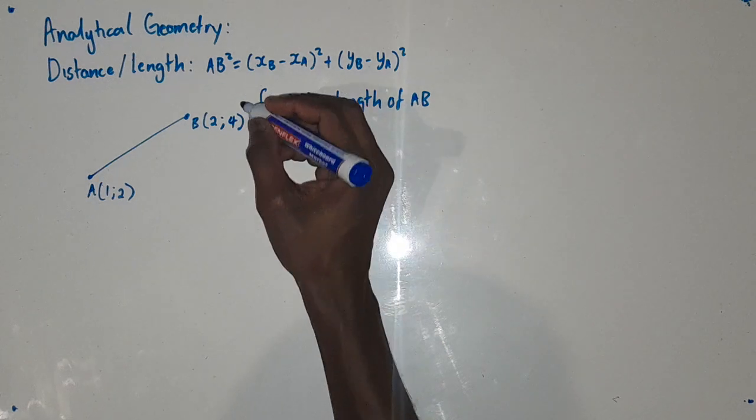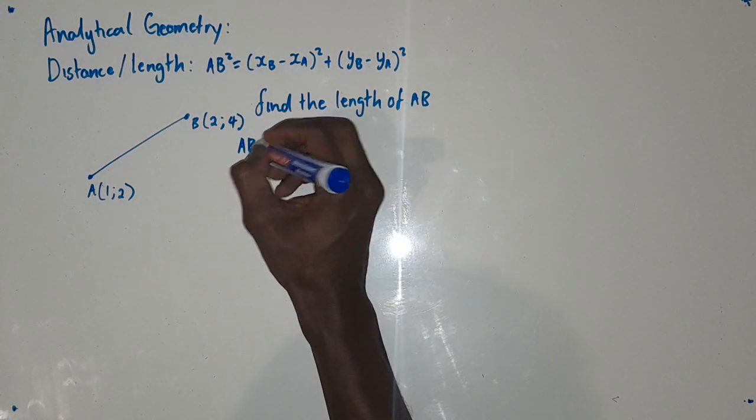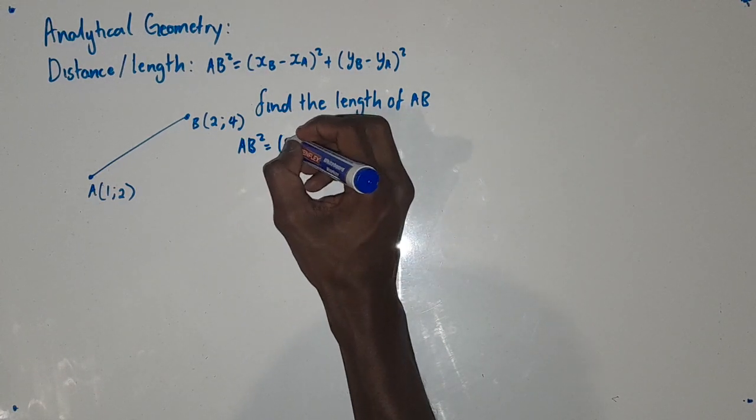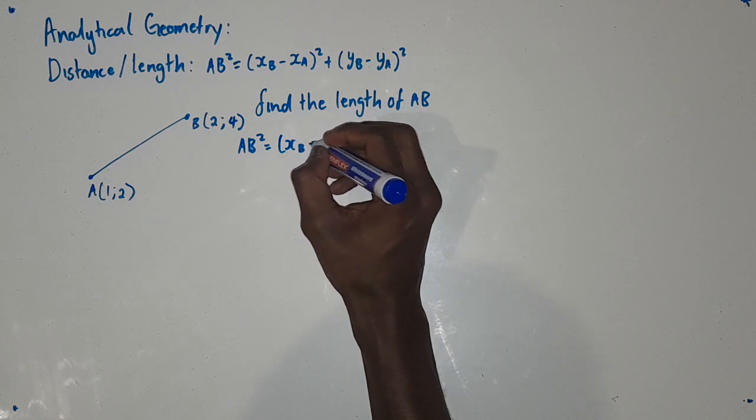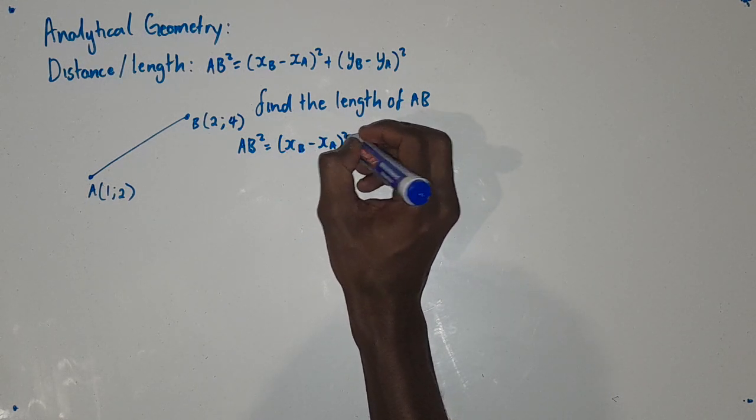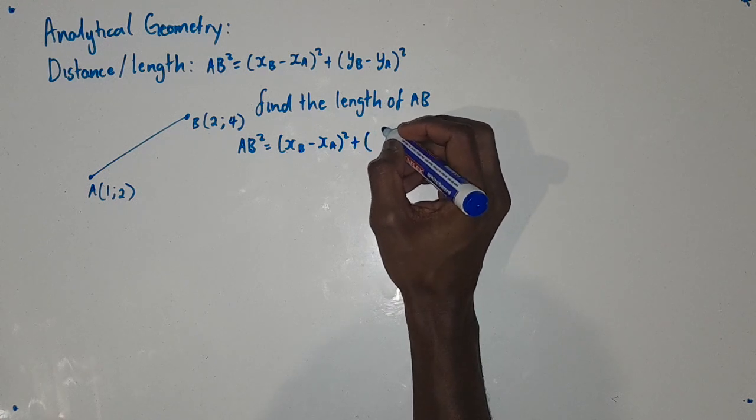How would you solve this question? So simple. Just consider the formula: AB squared equals (xb minus xa) squared plus (yb minus ya) squared.